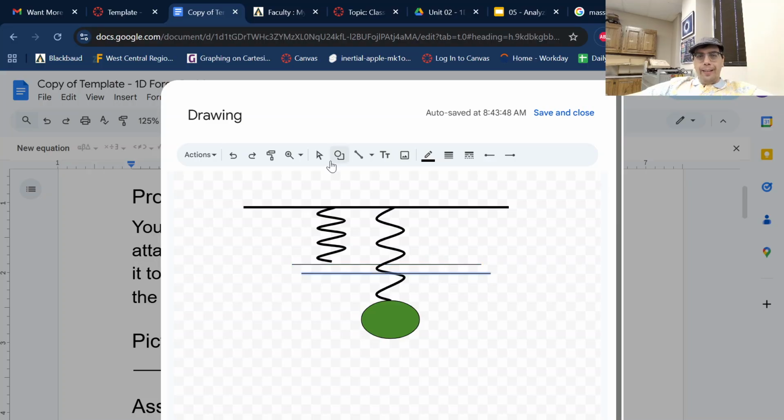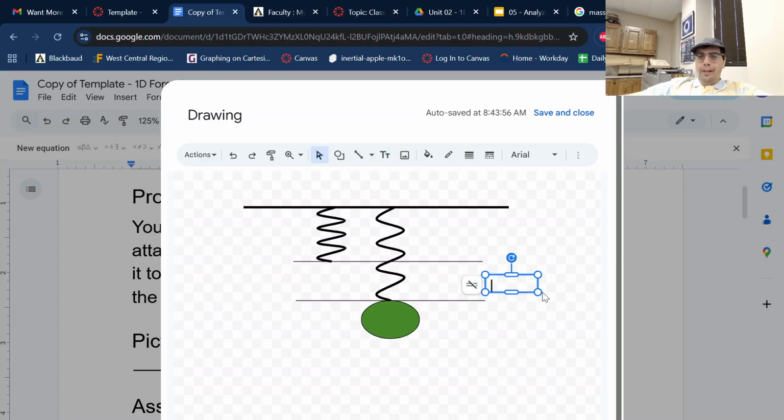And I'm just going to draw again. This isn't strictly necessary. This is for demonstration purposes for the class, that the amount of stretch that is occurring is this extra distance here. And so I'm going to call this delta L, but it's hard to get a delta in the text.